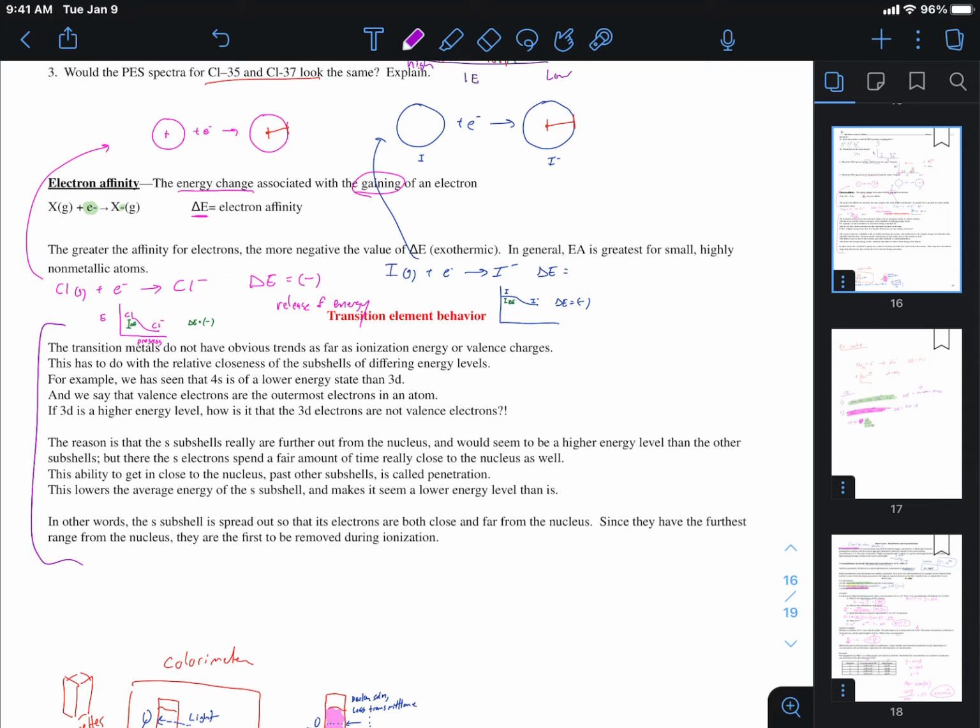Remember how we said for transition metals like scandium, titanium, vanadium, all of those transition metal elements, d-block elements, right? Scandium is 4s2 3d1. Titanium is 4s2 3d2. Vanadium is 4s2 3d3. And remember how we defined valence electrons?